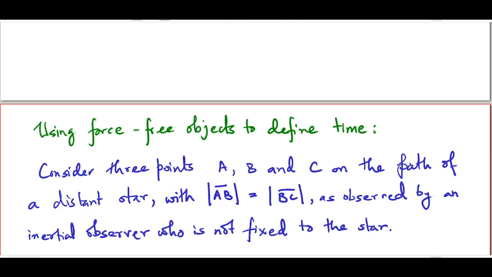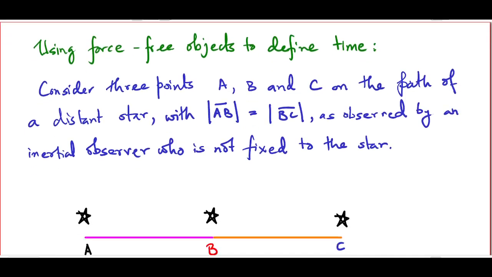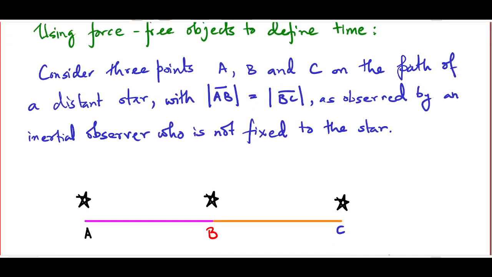Now, we have only stated this for 3 points here, but you can easily extend this argument to more and more points. All you need are equally spaced points on the path of a particular distant star. And now, what you will do is the following.